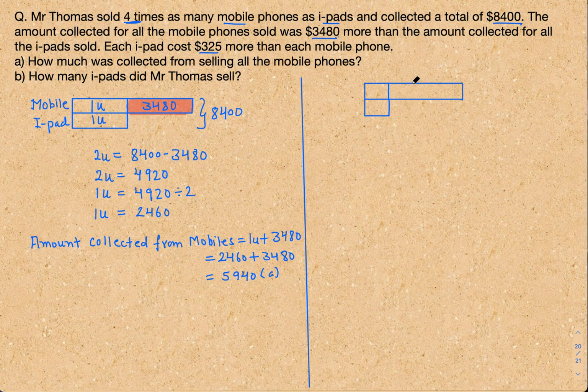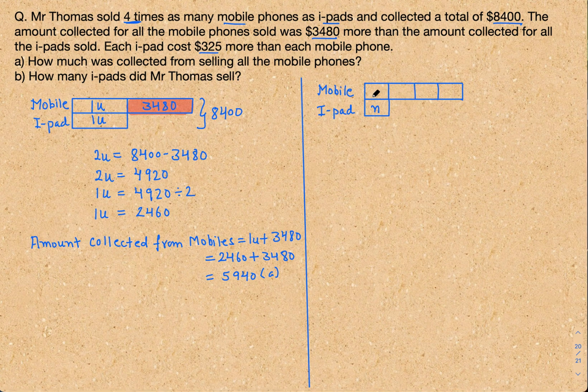So this is 1, 2, 3 and 4. This one represents the number of mobile phones sold, and the second one is the number of iPads sold. For labeling, let's say n number of iPads had been sold.